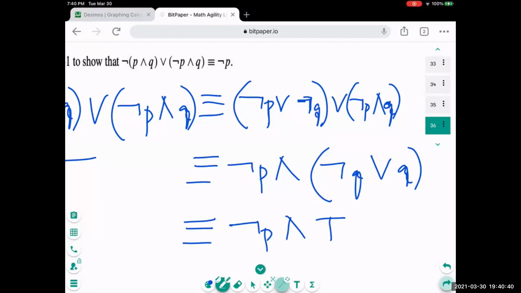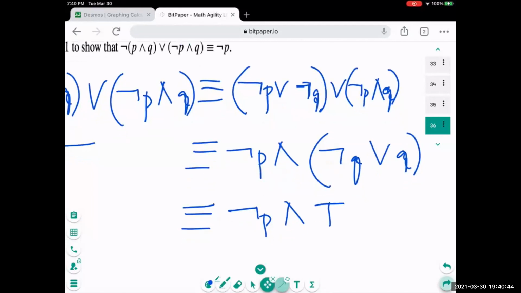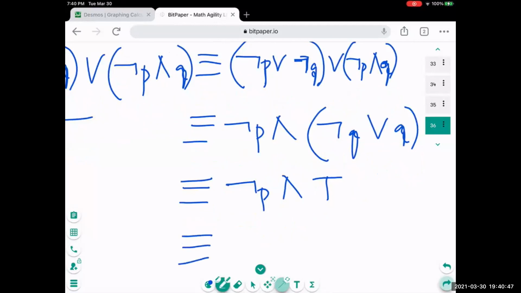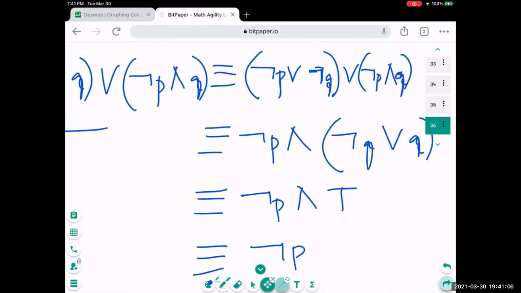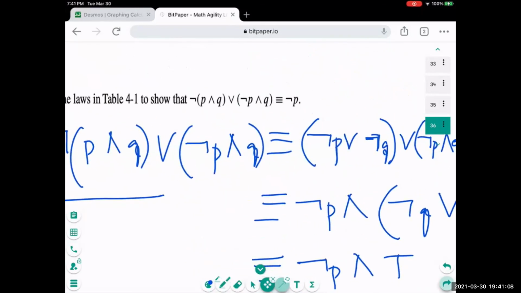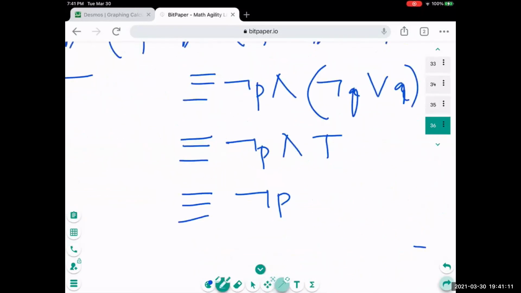So if it's true, so the value should be its identity law, right? Yung, of course, ay negation of P, right? Tama ba? Yes. So, negation of P. So, we have proven yung equivalence na to, right? So, correct. All right.